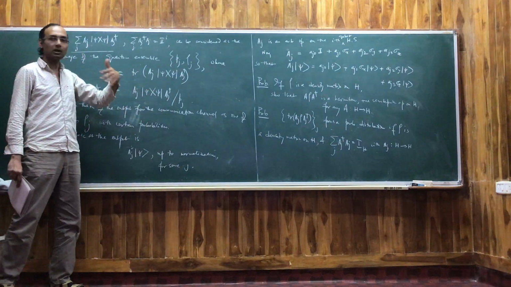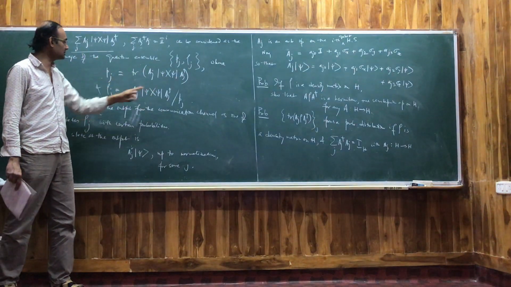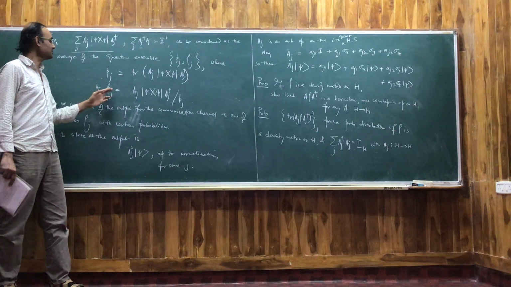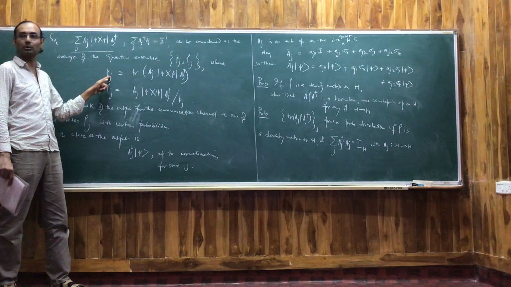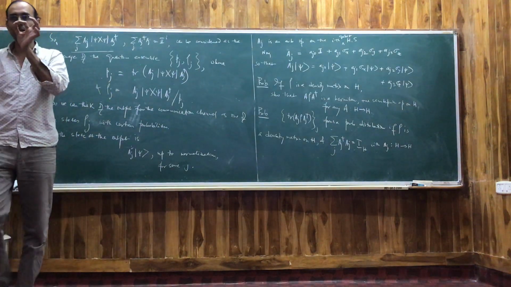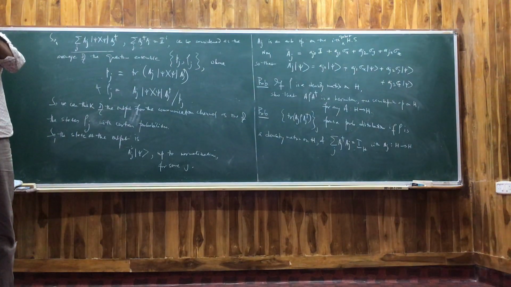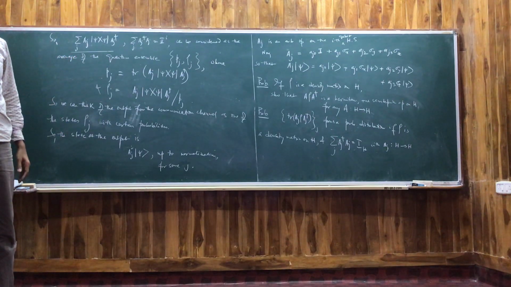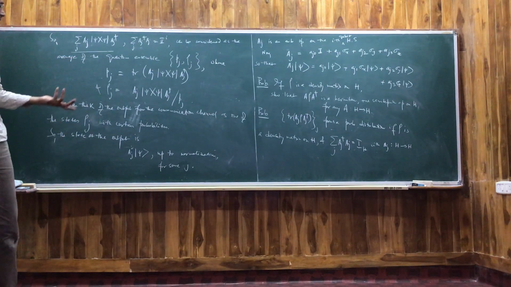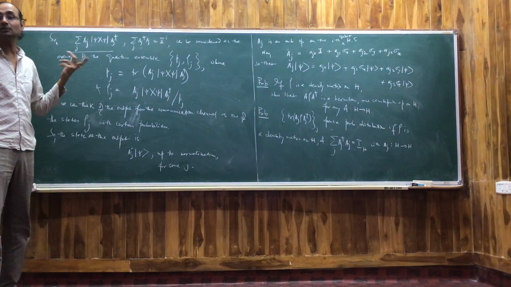Suppose you are in a situation where sometimes you get this and sometimes you get the other one and you know the probabilities, but you have only one occurrence of that. You are getting only one occurrence of the entire thing. So you have no information on which has happened, but you know what are the things that may have happened. So the state is just the average of this. This is what you do.